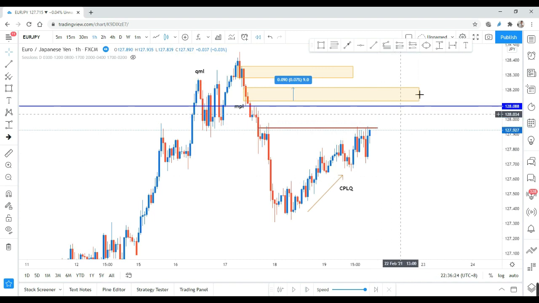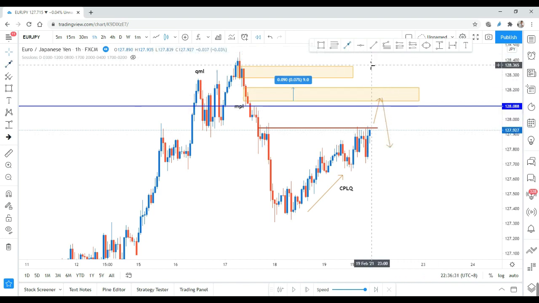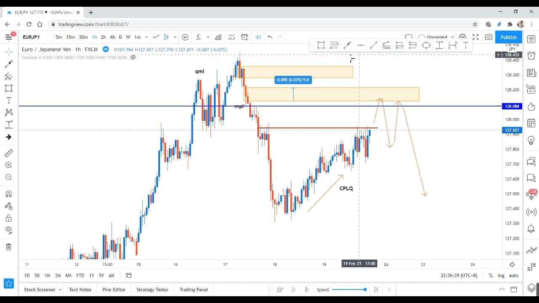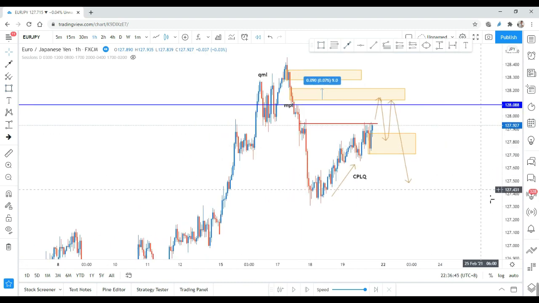Or sometimes it comes to this area, drops, then goes back up to test again before the big drop. The reason is that there is always a last zone left.